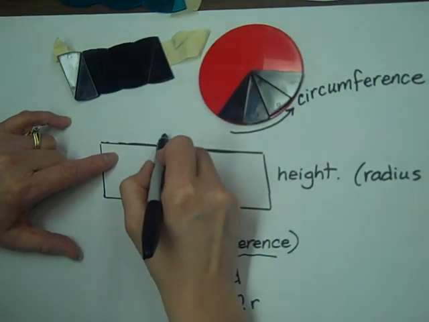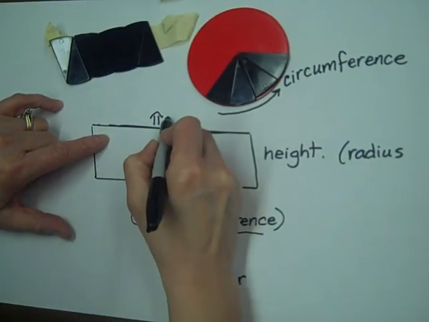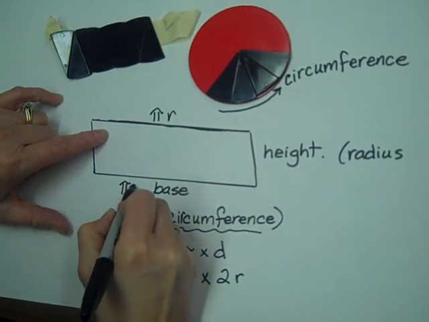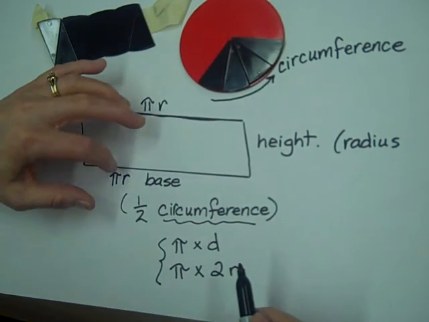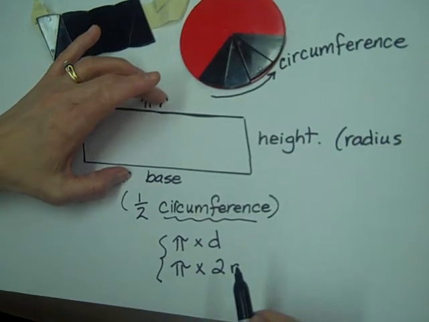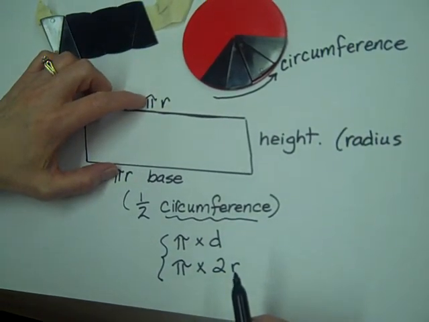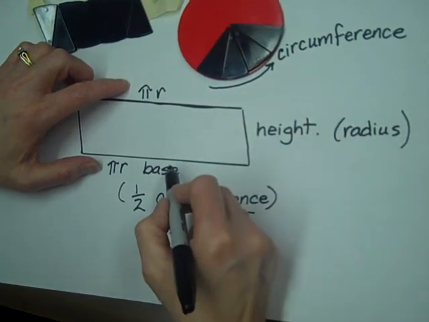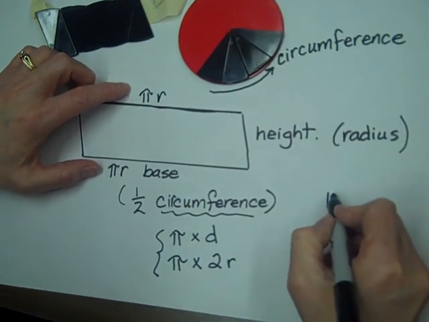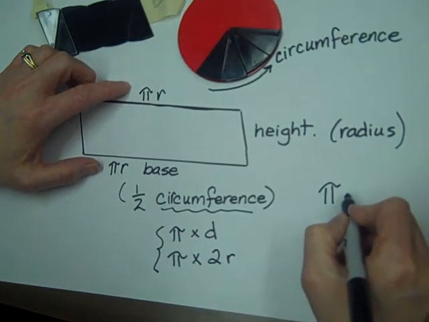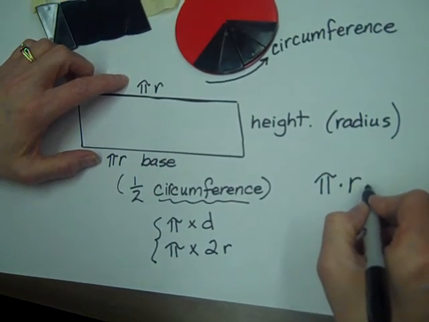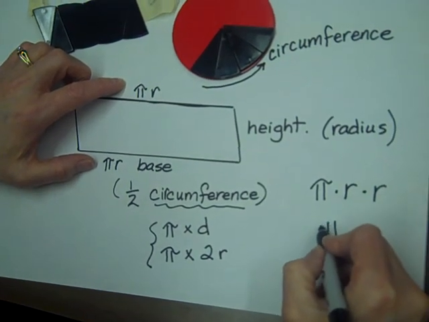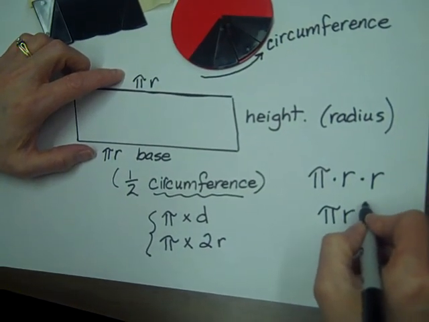So I could say this is pi times 1r, and this is pi times r, because I know 2 of them will equal my diameter, and my pi stays the same. So if I want to develop my base times height, I have pi times 1 radius times another radius, or pi r squared.